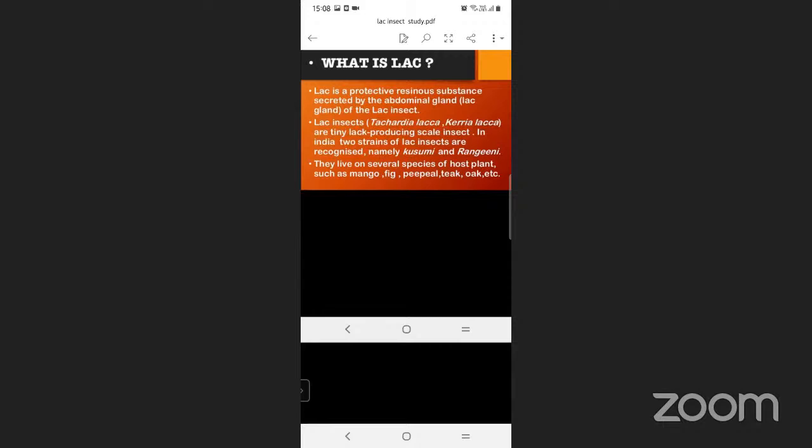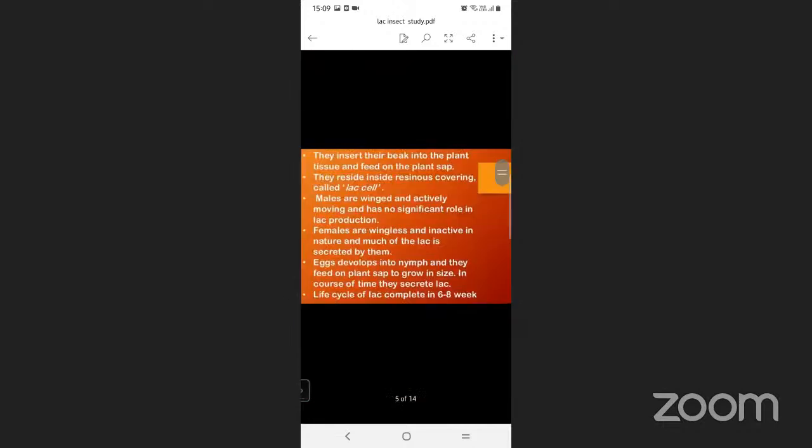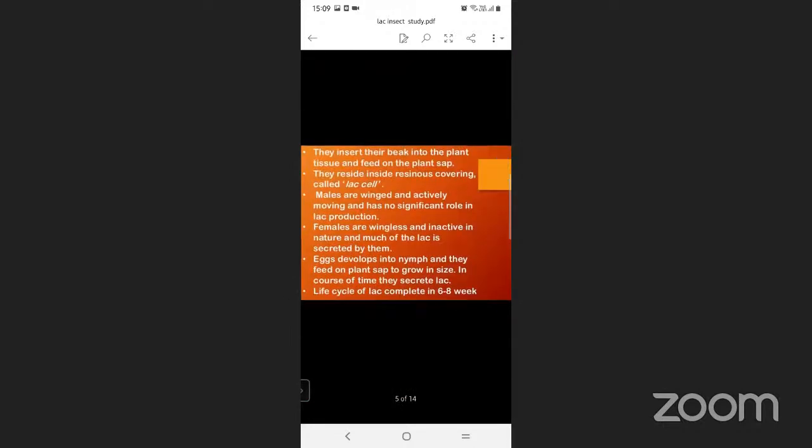They live on several species of host plant like mango, fig, peepal, teak, oak. These trees, mostly, they select to live. They insert their beak into the plant tissue and feed on the plant sap. They reside inside the resinous covering called lac cell.